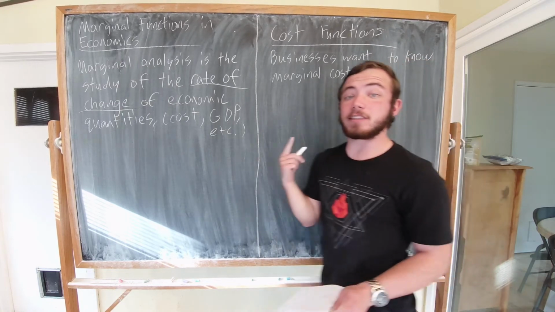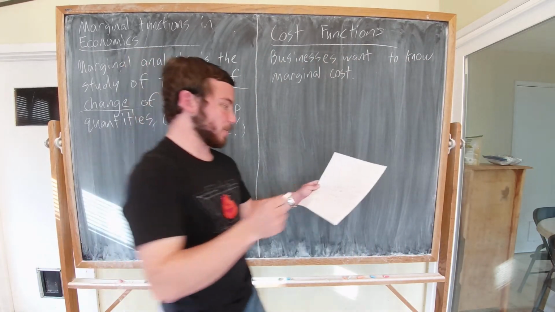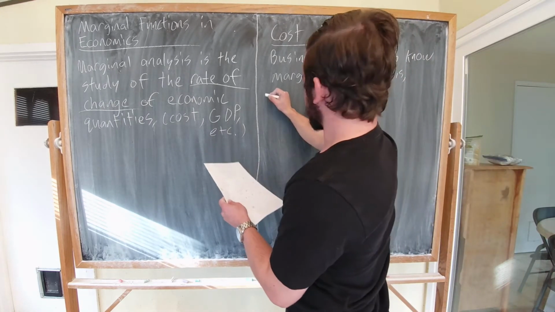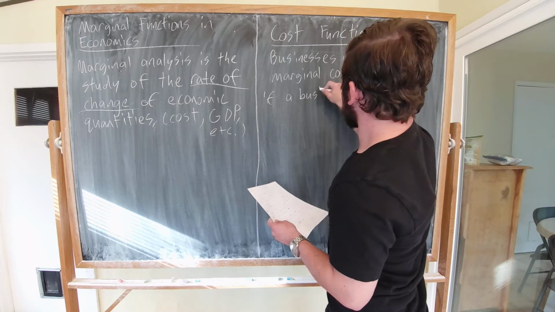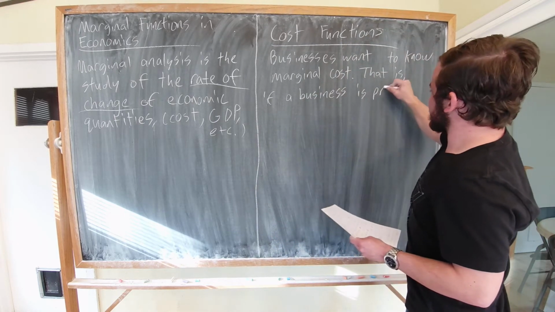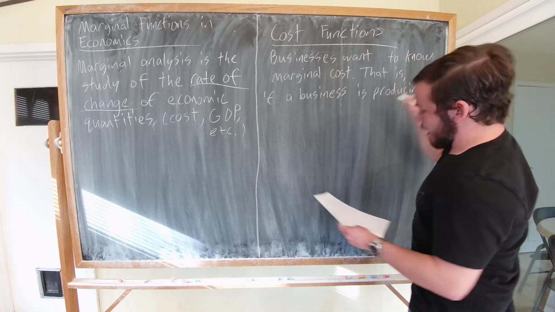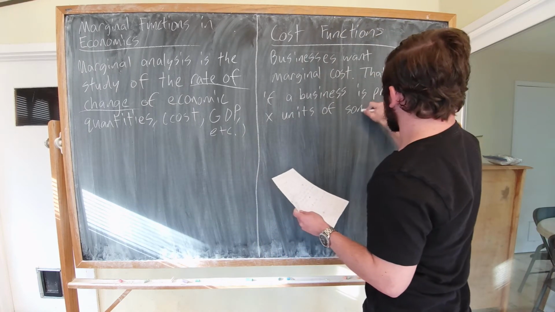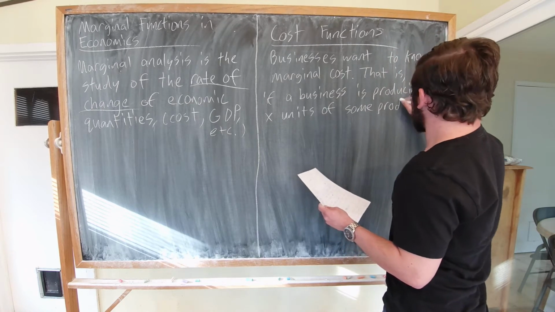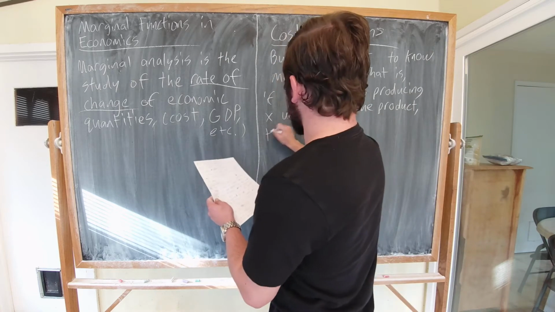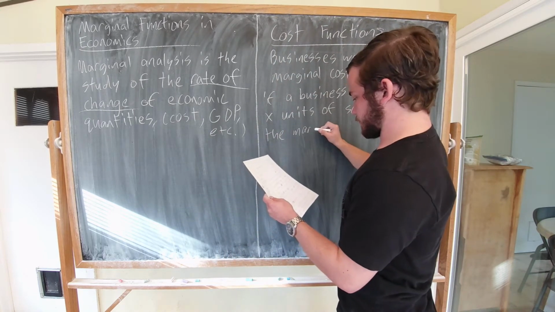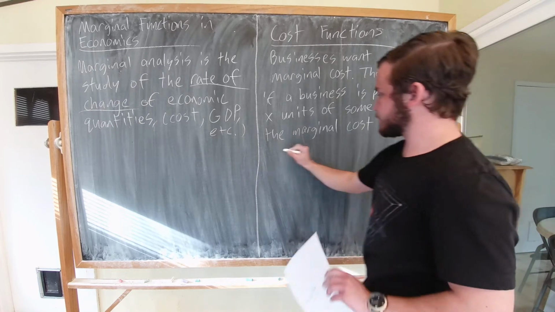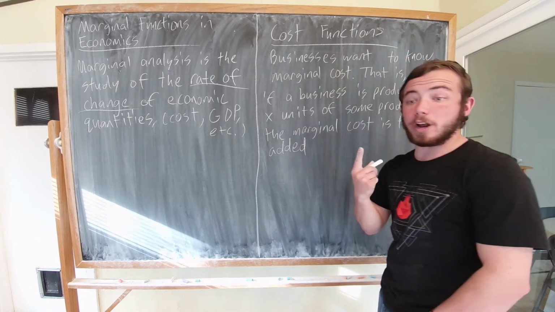And for those of you who haven't seen the term marginal cost in one of your other classes at this point, marginal cost is, if a business is producing x units of some product, the marginal cost is the added amount to produce exactly one more unit.